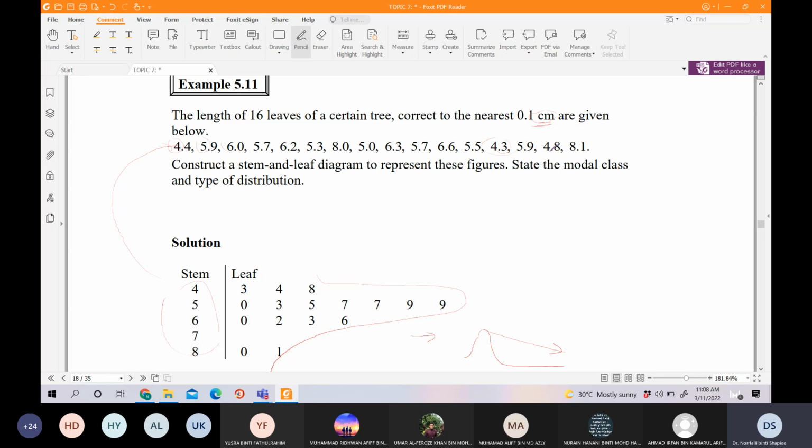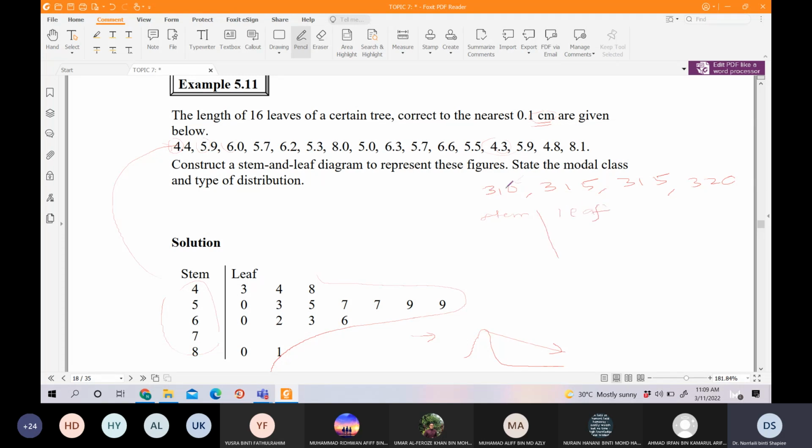Let's say our question has 310, 315, 315, 320. You can see there are 3 digits here, right? How to construct a stem and leaf diagram? You have to remember, the leaf consists of a single digit. So automatically, what should you do? You write the stem, and this one for the leaf.